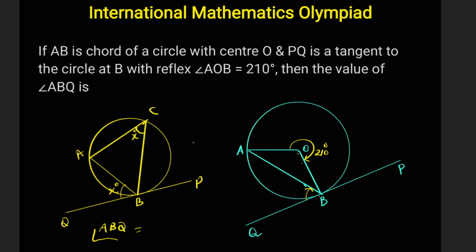Now we shall write that angle ABQ is equal to angle ACB, provided we take a point C on the remaining part of the circle. In the original diagram, I am taking a point C here on the circle. If I join it to A and B, then this angle will be equal to ABQ.